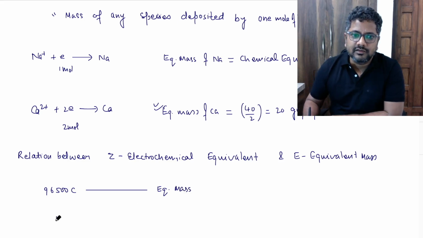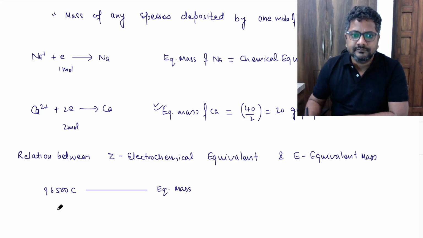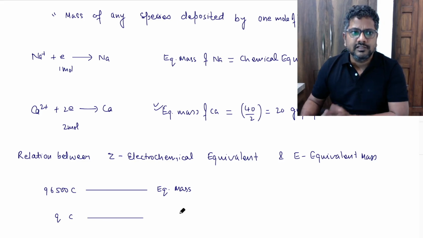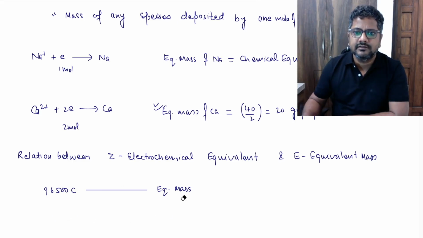And for 1 coulomb of charge, how much mass is deposited? Apply the unitary method.